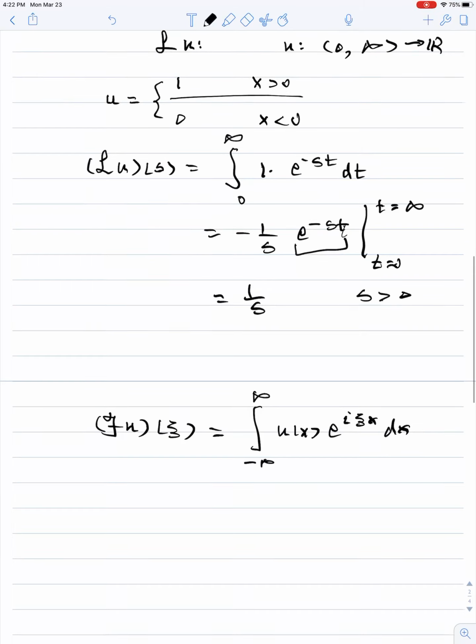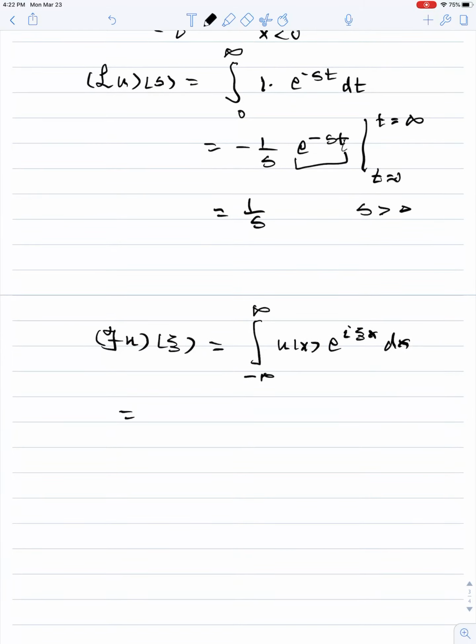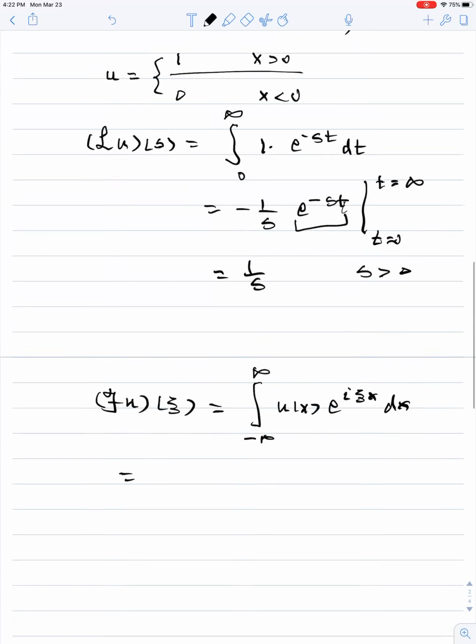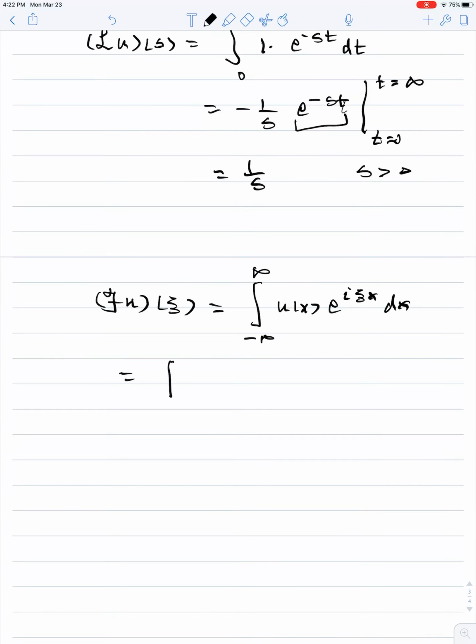Now, because the function is 0 from negative infinity to 0, the integral actually happens only from 0 to infinity. u(x) is 1 when x is from 0 to infinity.